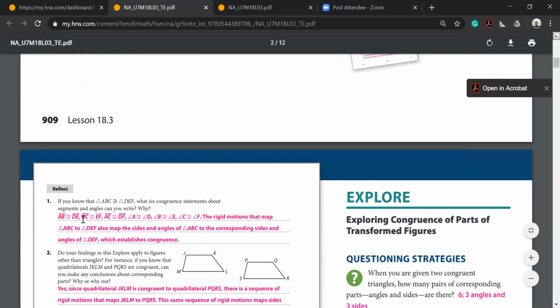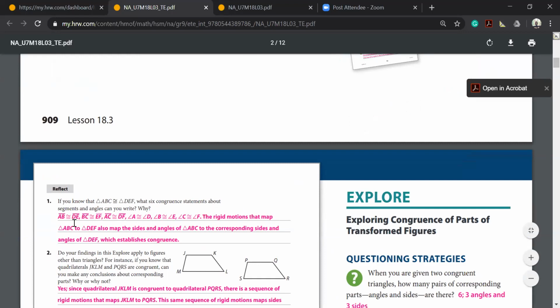So AB is congruent to DE. Write this mark. Do not write the word congruent. From now on we are going to be using this mark. So AB is congruent to DE, BC is congruent to EF, AC is congruent to DF, and then the angles. And why?